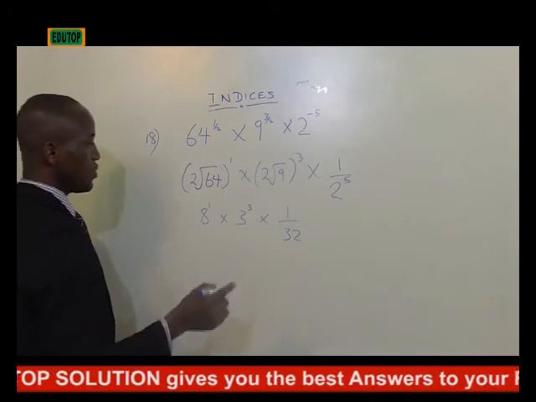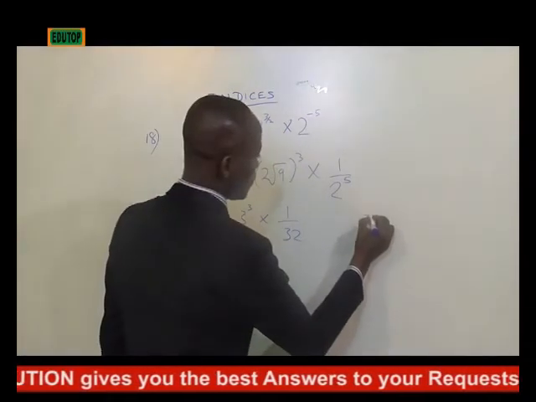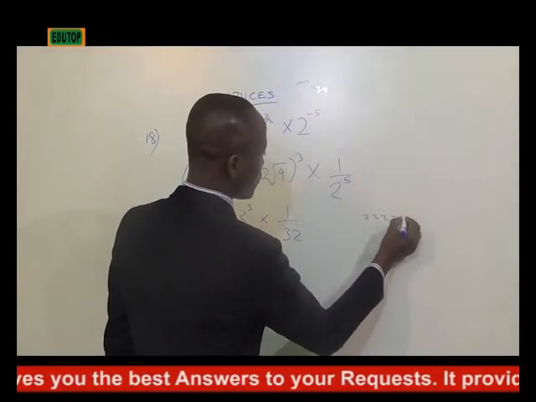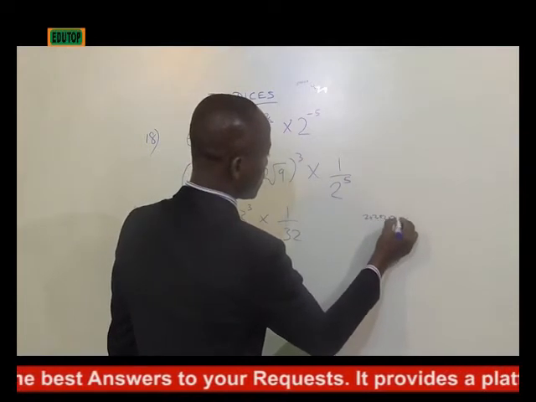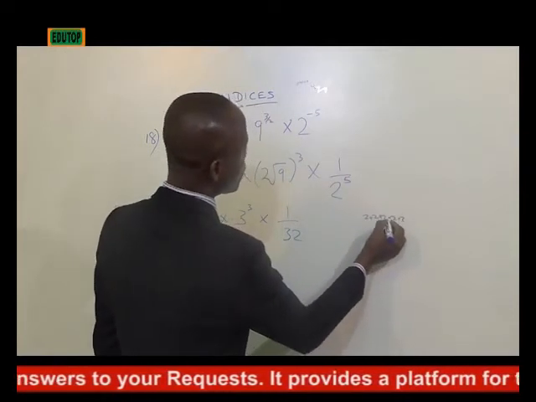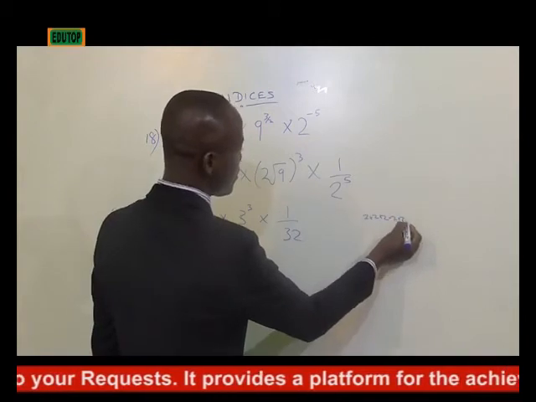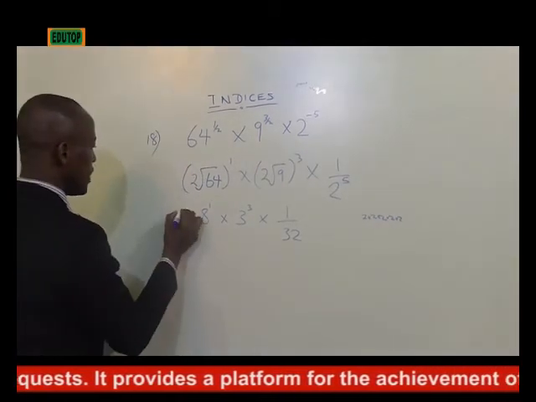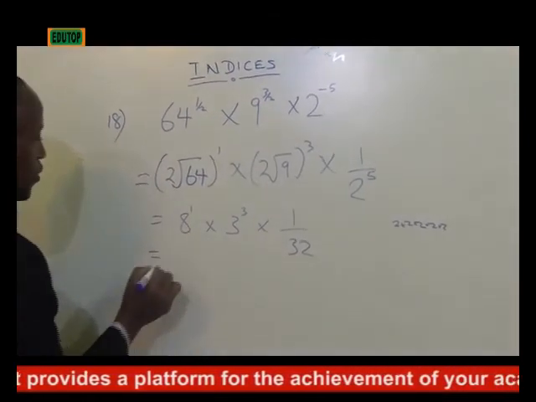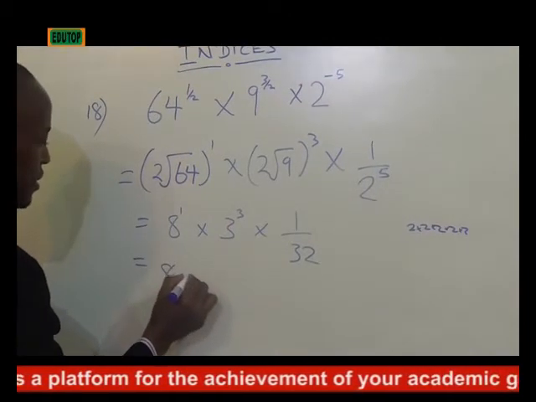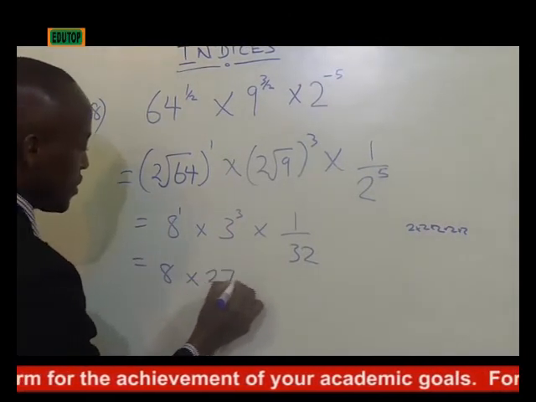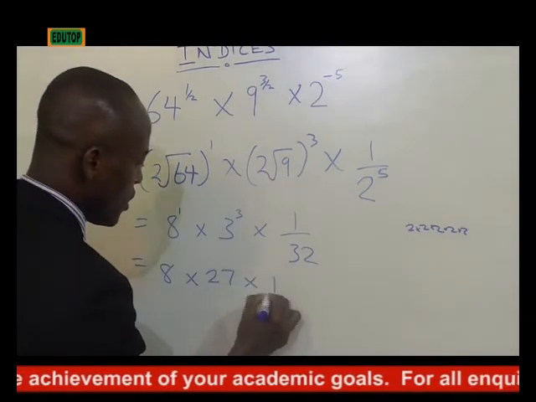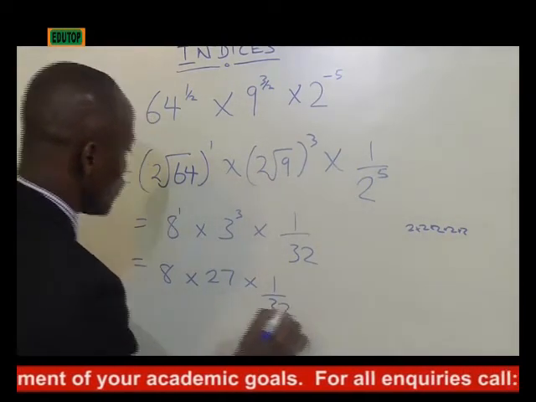That is 2 times 2 times 2 times 2 times 2. 2 times 2 is 4. 4 times 2 is 8. 8 times 2 is 16. 16 times 2 is 32. So what we'll now be having is 8 times 27 times 1 over 32.